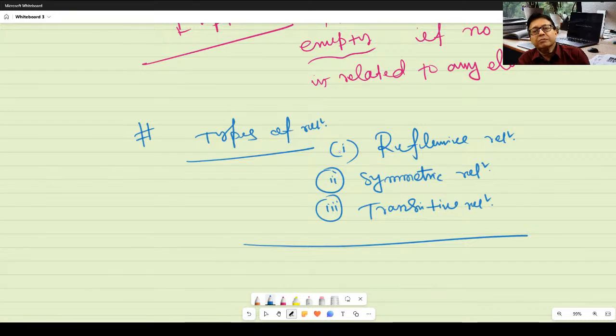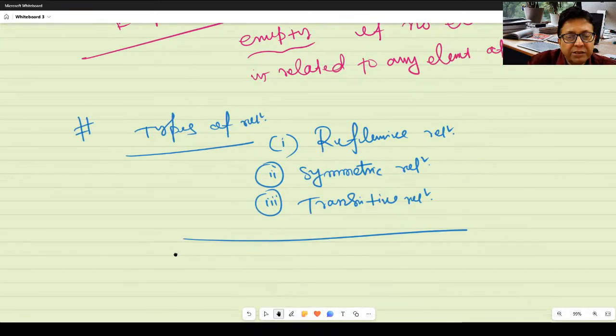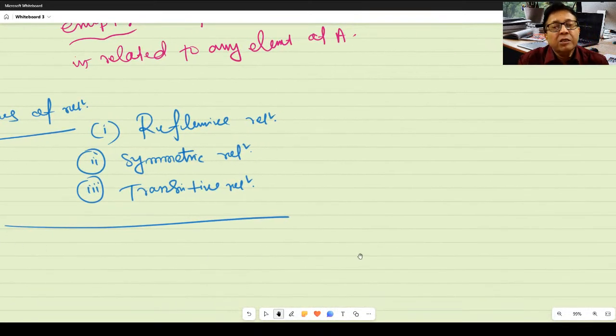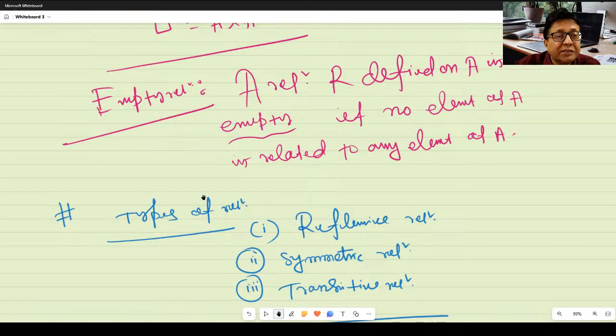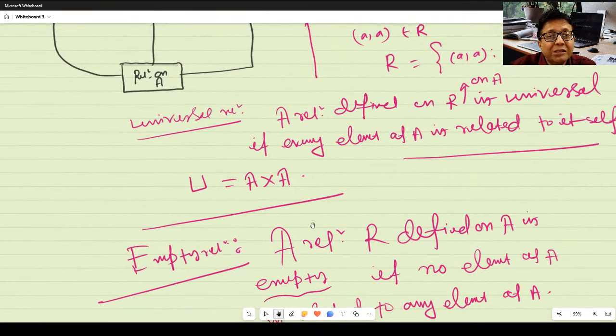Okay? There is reflexive, there is symmetric, and there is transitive. So let me define one by one. What are reflexive, what are symmetric, what are transitive. I think basic concept you have got in these three types of relations.